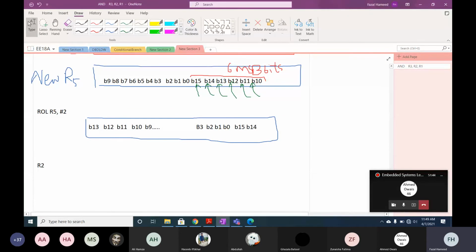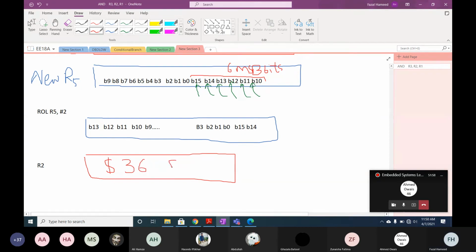Let's assume we have a register R2, and the content of this register is in hexadecimal, 365A. So what is the size of R2 in bits? 16 bits. Very good. So the size of R2 is 16 bits.